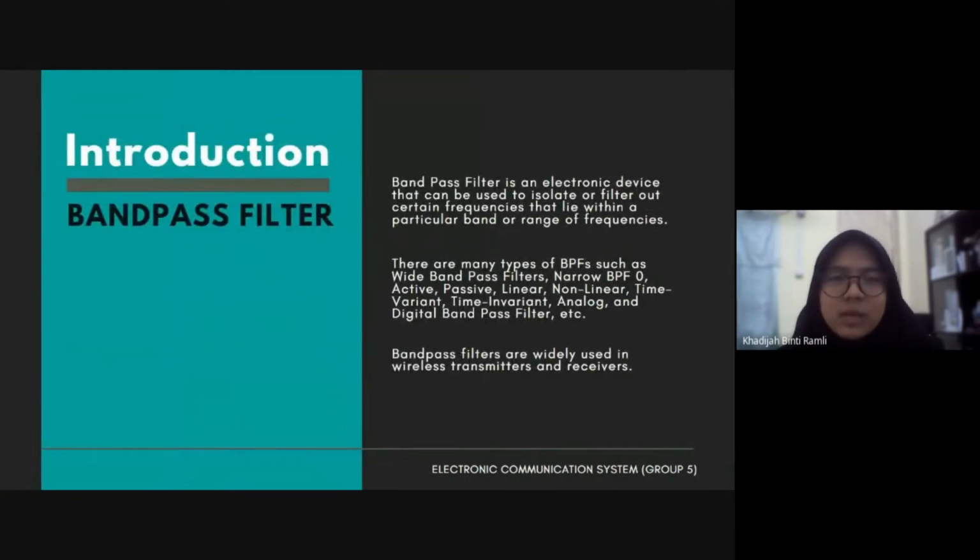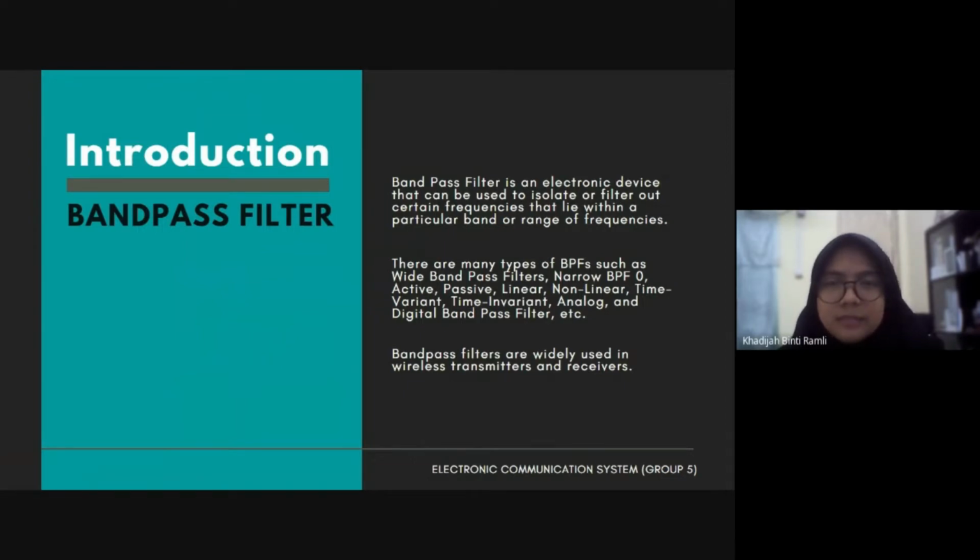Introduction to bandpass filter. A bandpass filter is defined as a device that allows frequency within a specific frequency range and it also rejects frequencies outside the range. There are many types of bandpass filters, but in this project we are more focusing on active types.